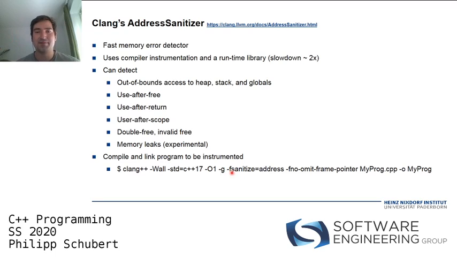And then you use the compiler switch -fsanitize=address, telling the compiler, hey, please use the address sanitizer. And also you use -fno-omit-frame-pointer. I won't go into detail why that is important. And then you just compile your program, and then you can run your program. And when your program has memory issues, you will see it on your console output, because of the instrumentation that you turned on using those flags, essentially.